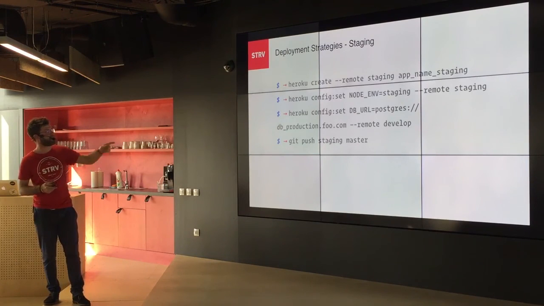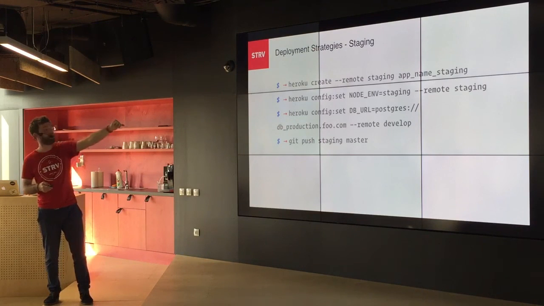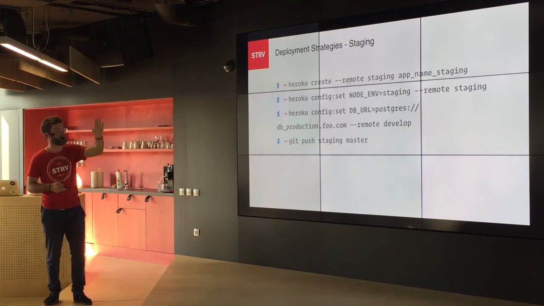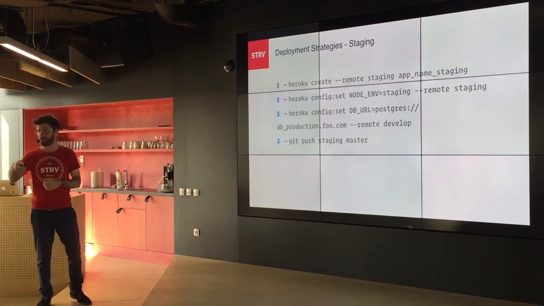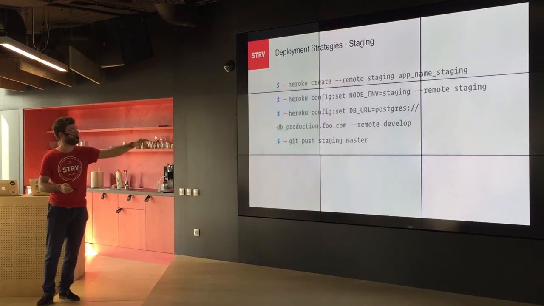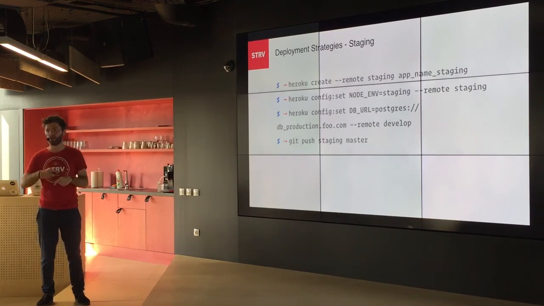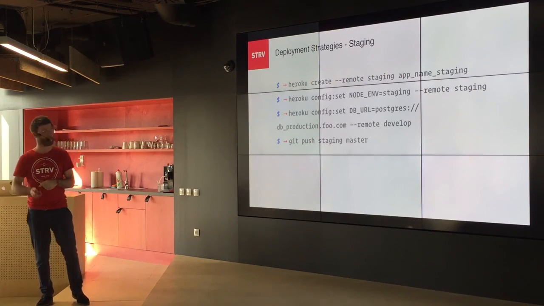There we define again the remote staging, our Heroku application, made again unique. The name needs to be unique, so app_name_staging. And then again, we execute git push staging master, and we deliver the code to Heroku.